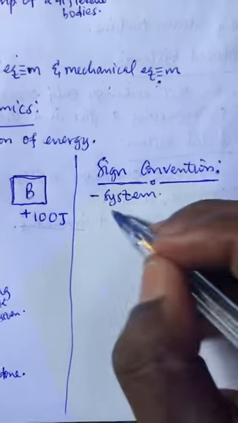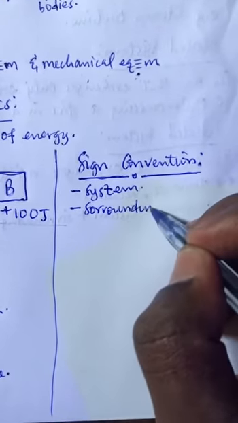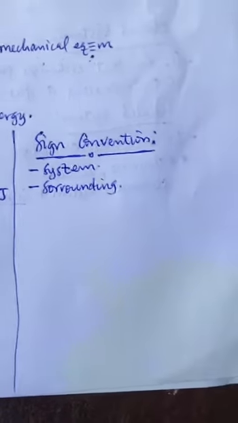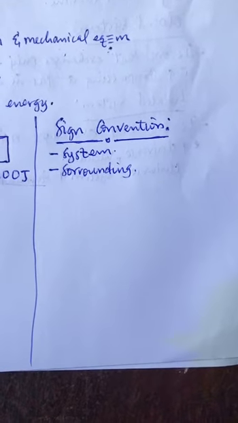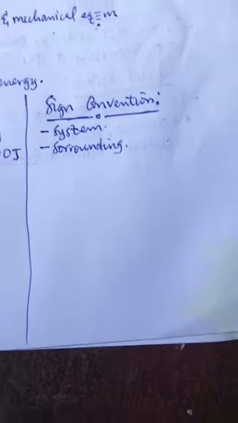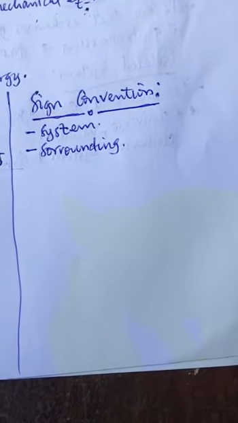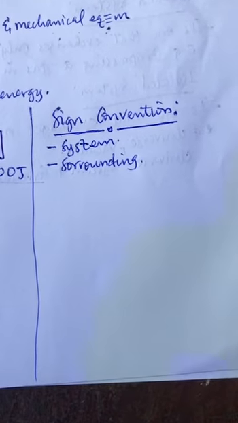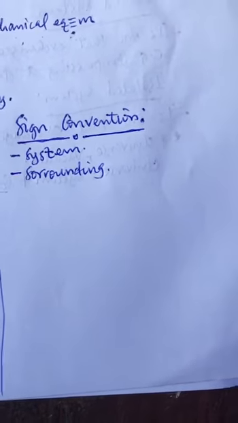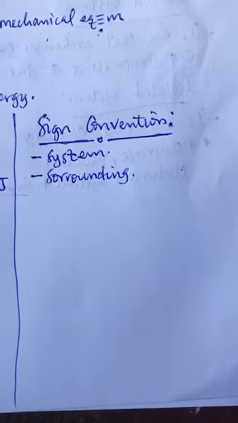We have the system, and we also have the surrounding. Under thermodynamics, our point of view is the system. You get that? So we shall be standing at the system, looking at the surrounding, not standing at the surrounding, looking at the system. So we shall stand at the system and observe its properties.